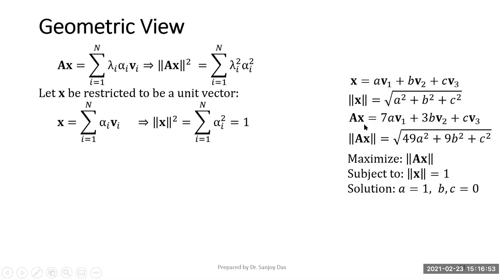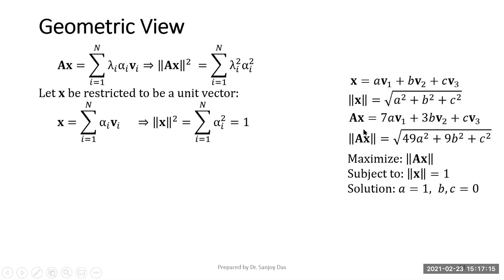And let's say the eigenvalues of my matrix A are 7, 3, and 1. Okay, I'm just assuming. I have some A whose eigenvalues are 7, 3, and 1. So Ax is 7A V1 plus 3B V2 plus C V3.